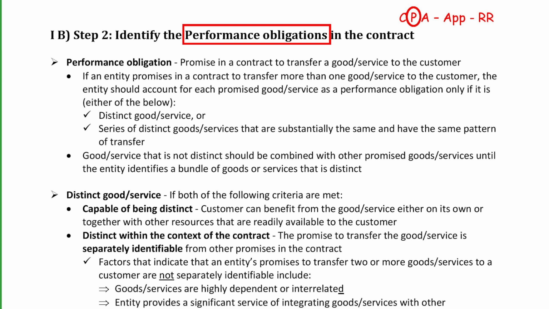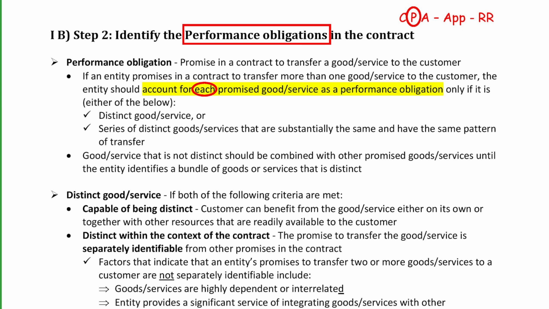So performance obligation, that's the promise in the contract to transfer a good or service to the customer. The entity should account for each promised good or service as a performance obligation and circle each.